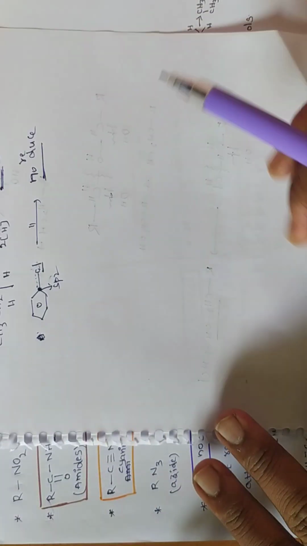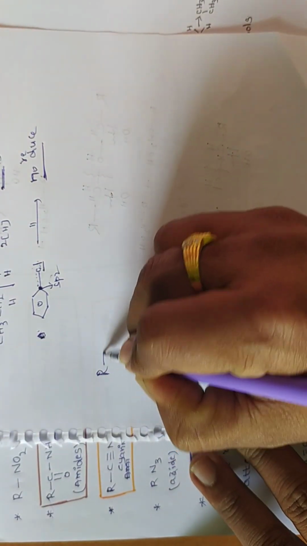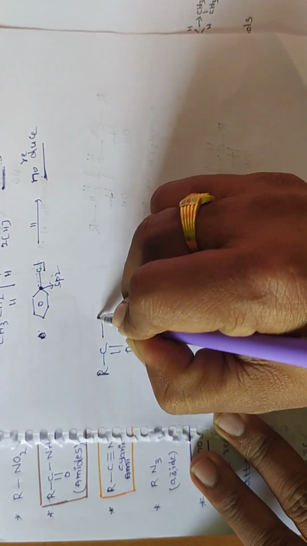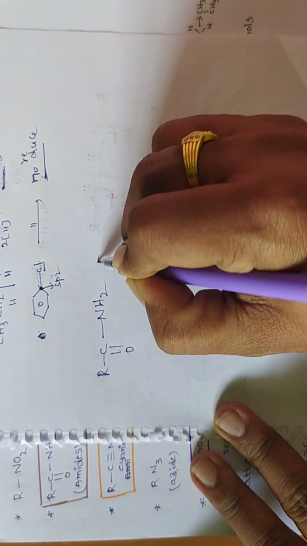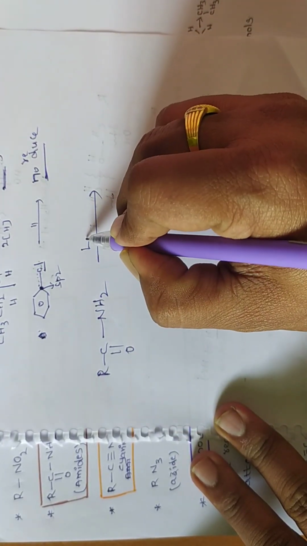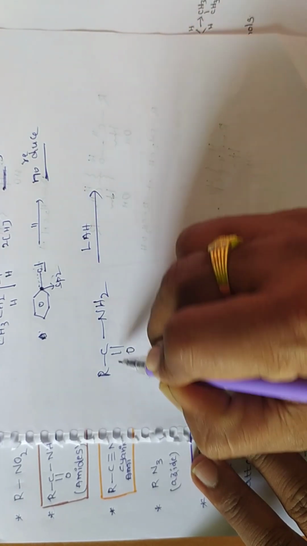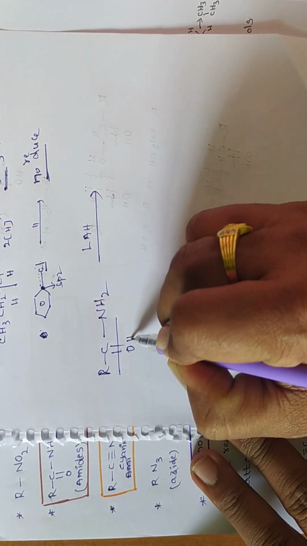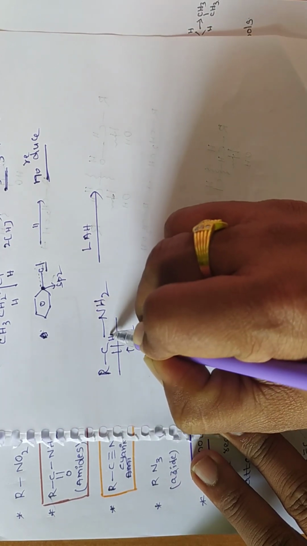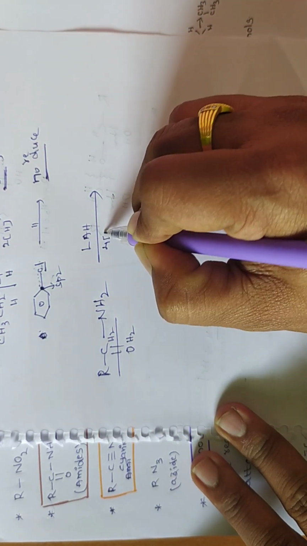Now how do you do that? Simple. This is an amide. Whenever amides react with lithium aluminium hydride, you break the bond. This side 2 hydrogens, this side 2 hydrogens. That means it is reacting with 4 moles of hydrogen.